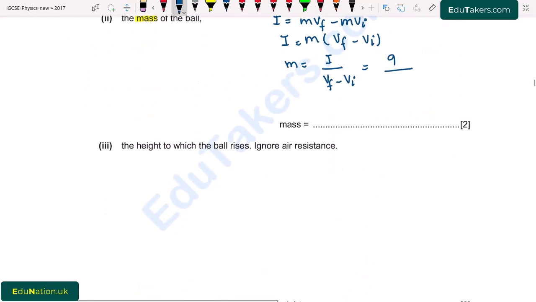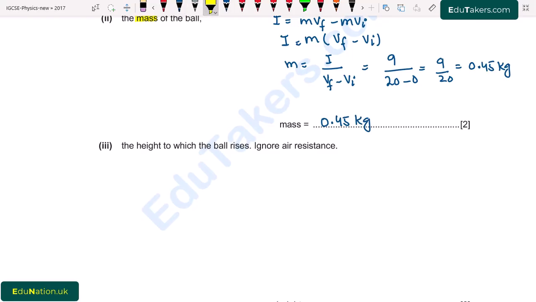By putting these values here, 20 minus 0, it will be 9 over 20. So the value of mass comes to be 0.45 kilogram. I write here mass is equal to 0.45 kilogram.